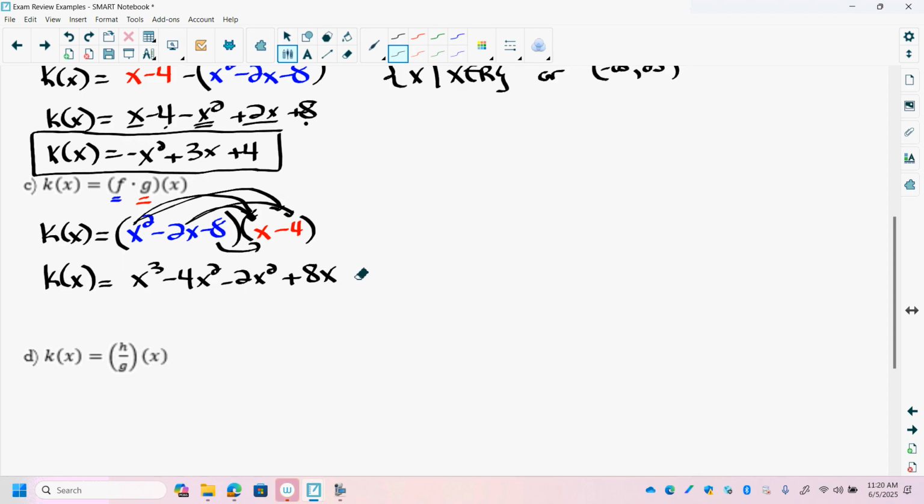Negative 8 times x, negative 8x, and negative 8 times negative 4, positive 32. Group your like terms. X cubed minus 6x squared. 8x minus 8x is going to go away. Plus 32.